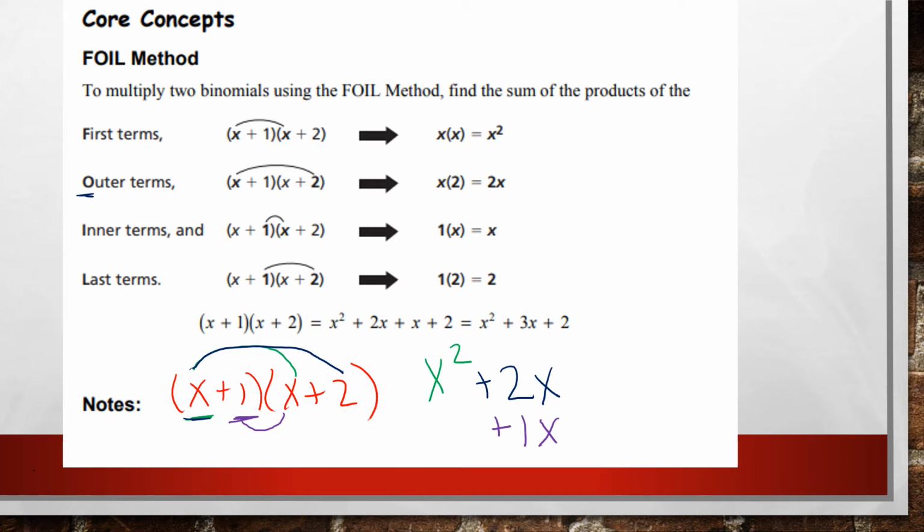And then this last step is going to be the last. So it would be 1 times 2. That's the last term in each set is what the last means. So 1 times 2 would be 2. And then when I add that together, I get x squared plus 3x plus 2. Okay, and that would be your final answer.